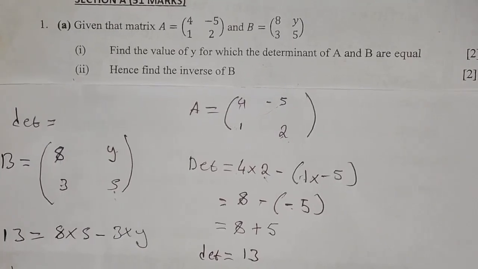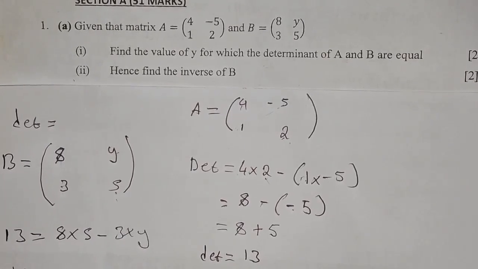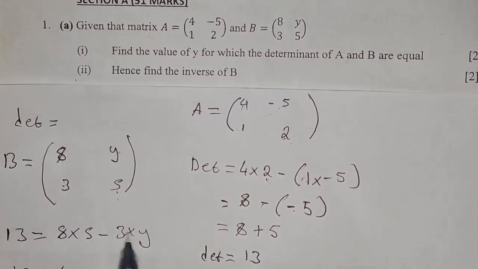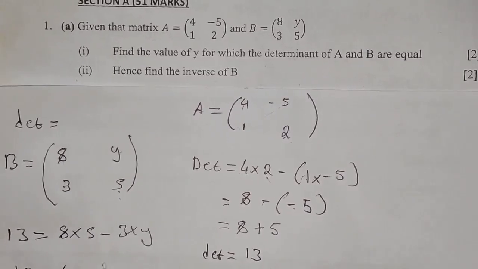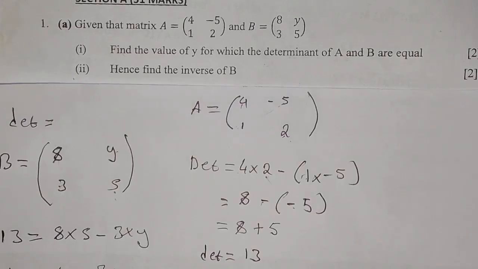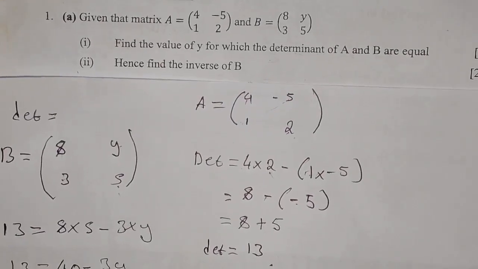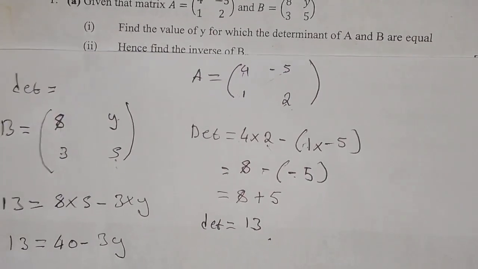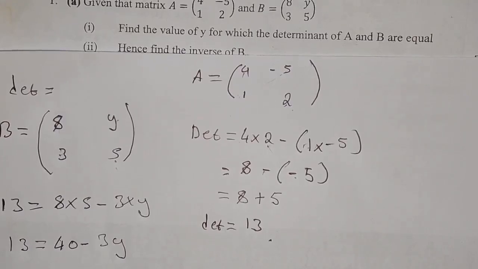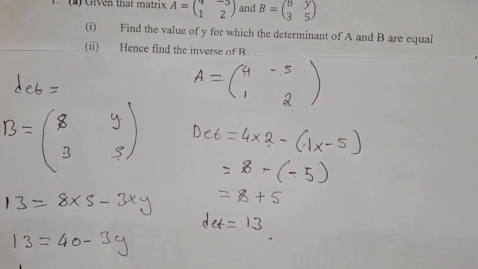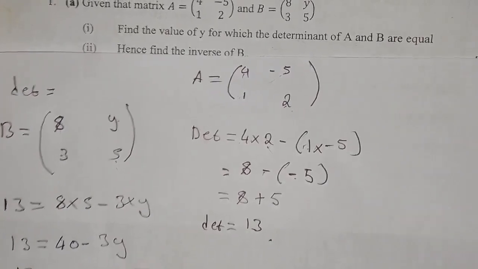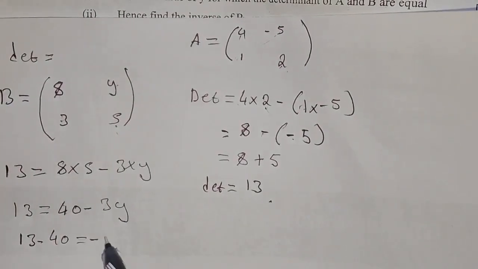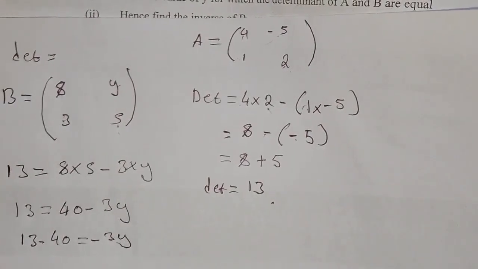So 13 equals 40 minus 3y. After reaching this stage, you collect the like terms by taking 40 to this side. Here we have 13 minus 40 equals negative 3y.